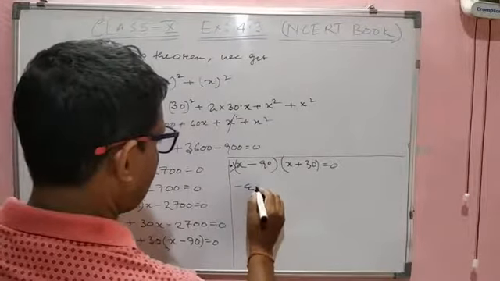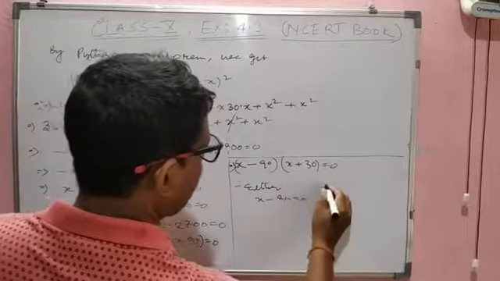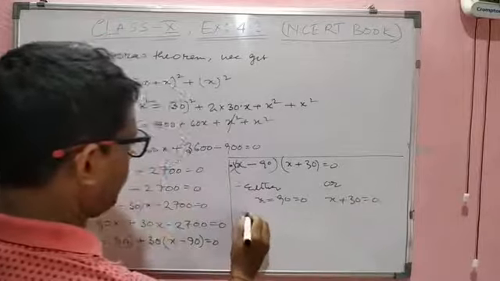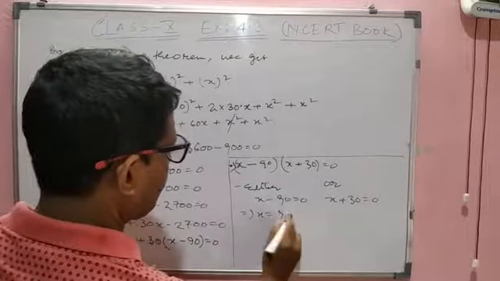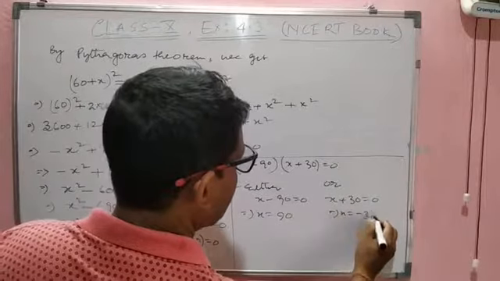Therefore either x minus 90 equals 0 or x plus 30 equals 0. This implies that x equals 90, and this implies that x equals minus 30.